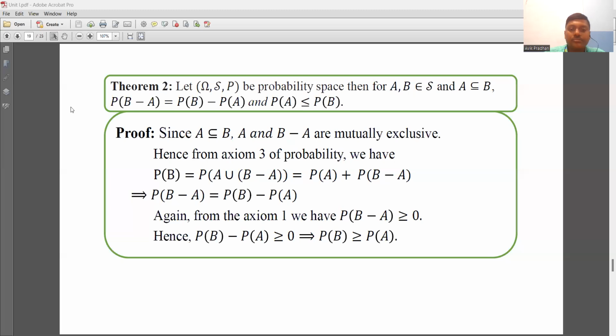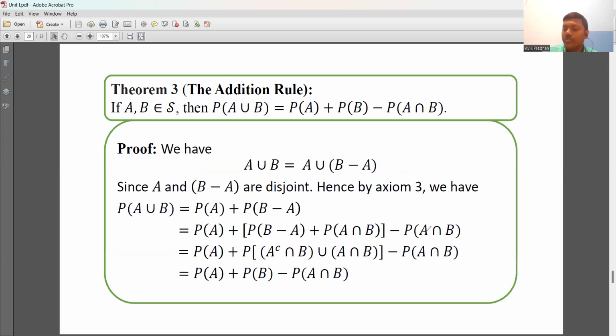Okay. So now let us go for the next theorem, which is a very important theorem in probability, that is the addition rule. So the addition rule says that if I have two events A and B corresponding to a probability space, then probability of A union B is going to be probability of A plus probability of B minus probability of A intersection B. So here one observation is that if I have A intersection B equal to phi, that means A and B are two mutually exclusive events, then A intersection B becomes phi.